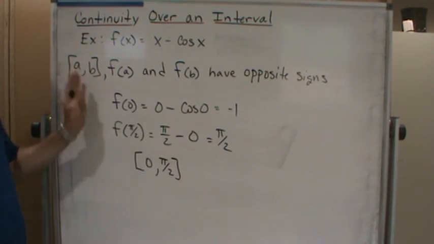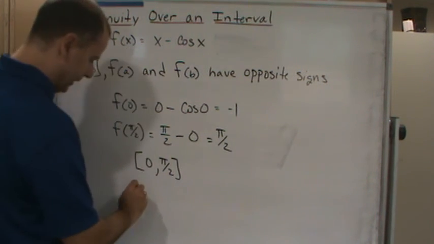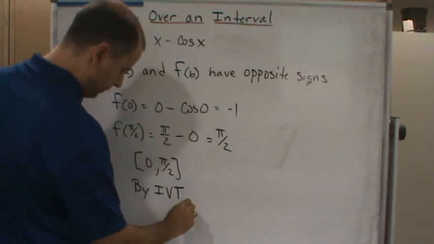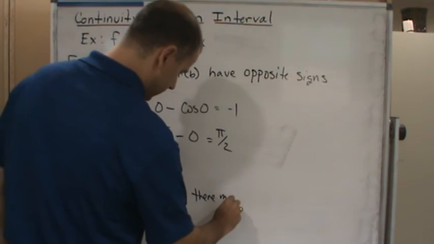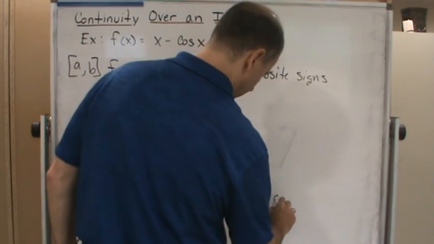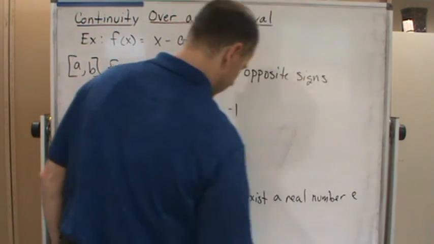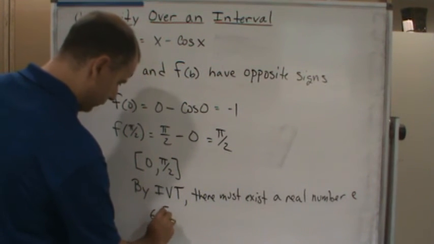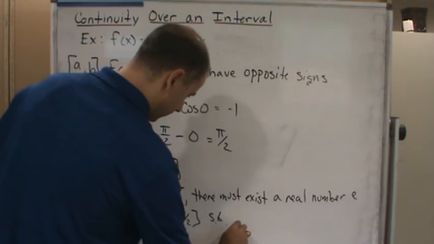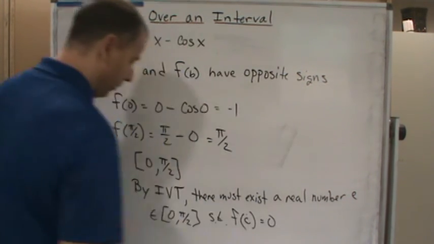And so since this is continuous on this bounded closed interval, we know by the intermediate value theorem, there must exist a real number c in the interval 0 to pi over 2 such that f of c is equal to 0.